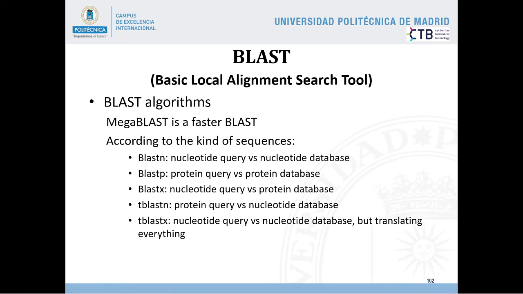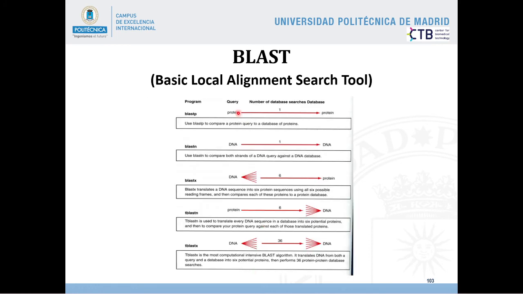Okay. TBLASTN, where we have a query of protein and a database of nucleotides, and TBLASTX, where we have nucleotides as queries and a database of nucleotides, but we have to translate everything, so it would be like this, okay? Here, protein-protein, DNA-DNA, DNA to protein, protein to DNA, DNA to DNA, but translating everything. They are different, and we would use one or the other depending on different things.